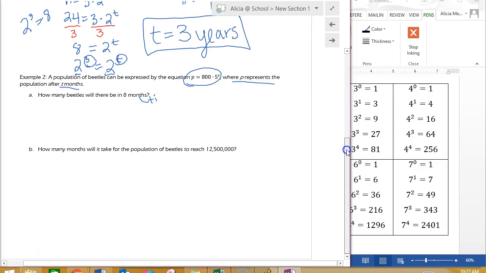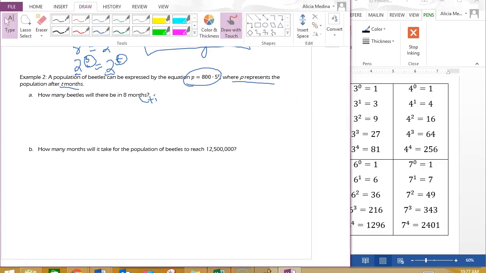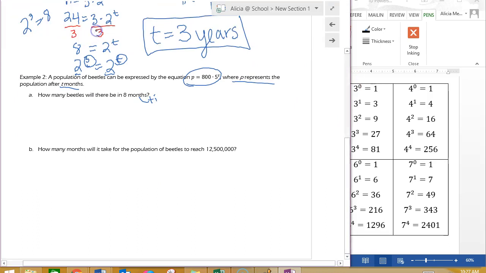Alright, so how many beetles after 8 months? This is representing time. So t equals 8, and I'm just going to substitute in 8 wherever I see that t. So P equals 800 times 5 raised to the 8th power.